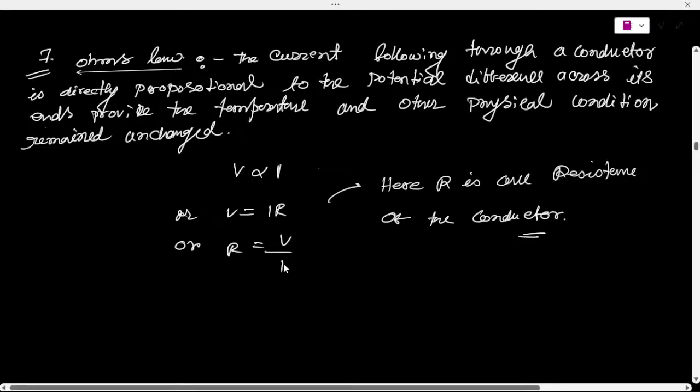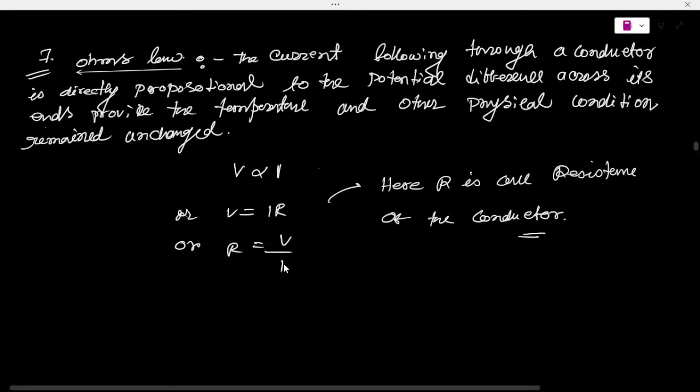So Ohm's law: the current flowing through a conductor is directly proportional to the potential difference across its ends, provided temperature and other physical conditions remain unchanged.